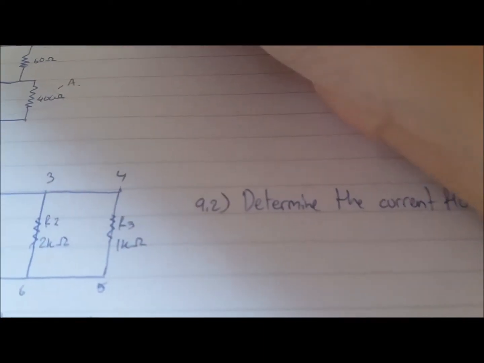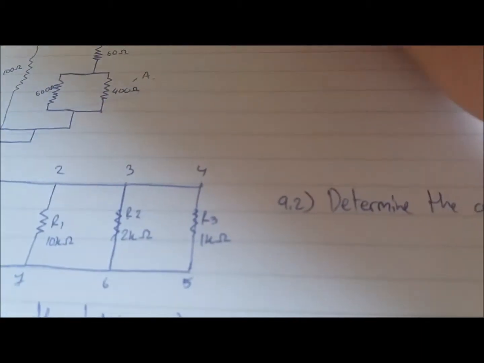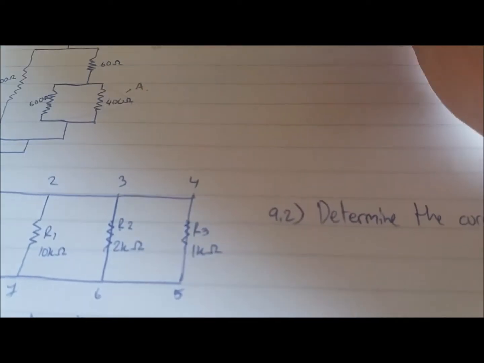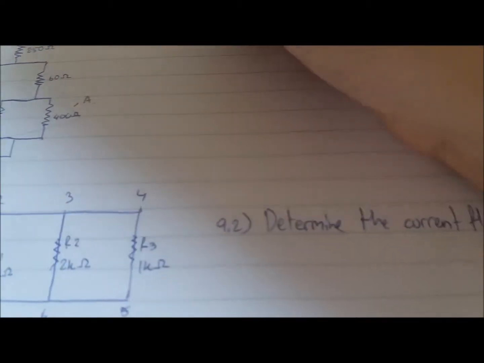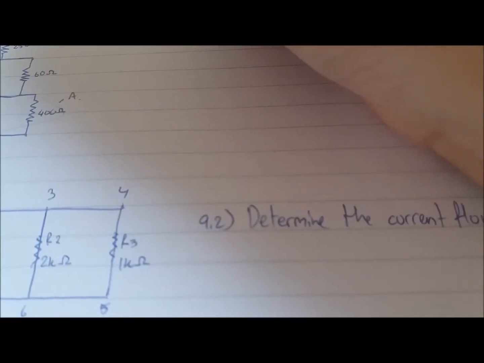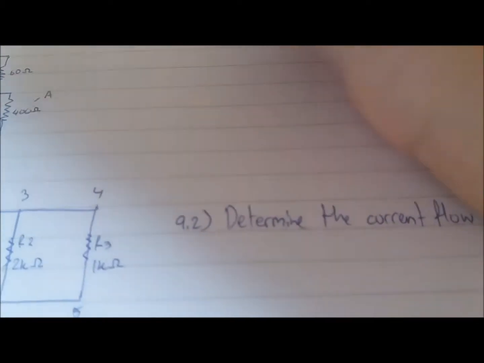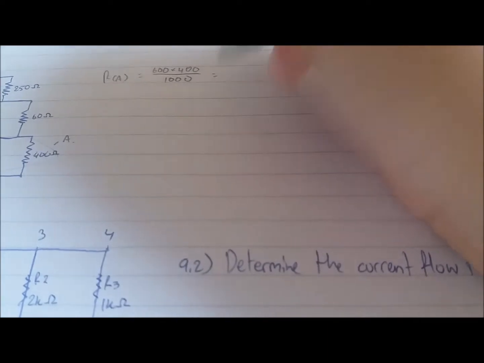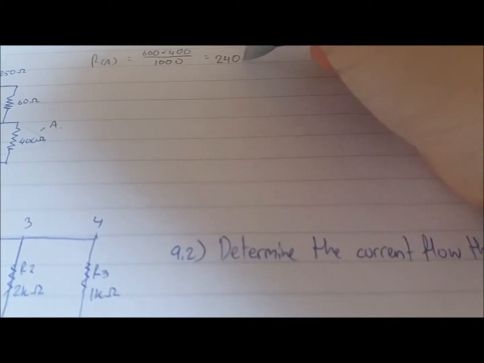For row A, the formula is always the 2 ohms multiplied together divided by the sum of the ohms. So it's 600 multiplied by 400, then divided by the sum, which is 1000. When we cancel the numbers, we got 240 ohms.